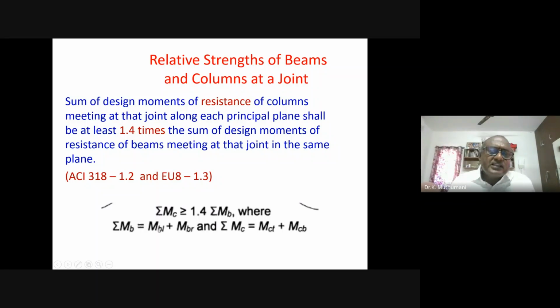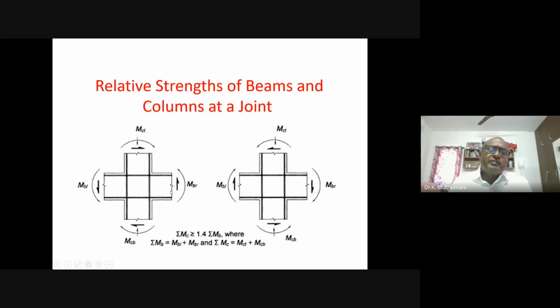This is called the combined bending moment. Your column should have at least 40% more capacity than the beams. So suppose you have a beam coming here, this is Mu on the left, this Mu on the right. Add them, multiply by 1.4. That should be the bending moment capacity of the column.